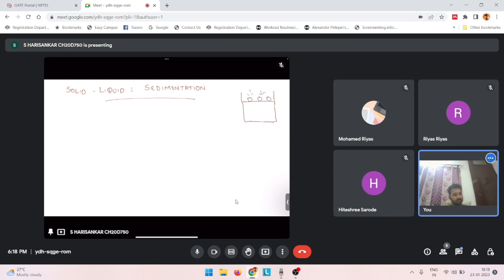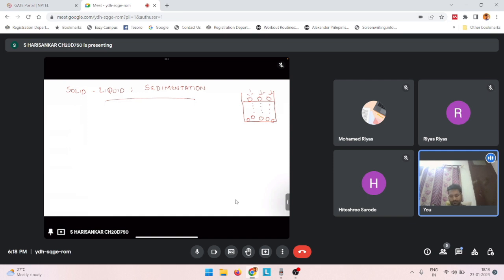Eventually, this will sink into the water and start collecting at the bottom. This is the very rough or layman definition of sedimentation that we see in everyday life.